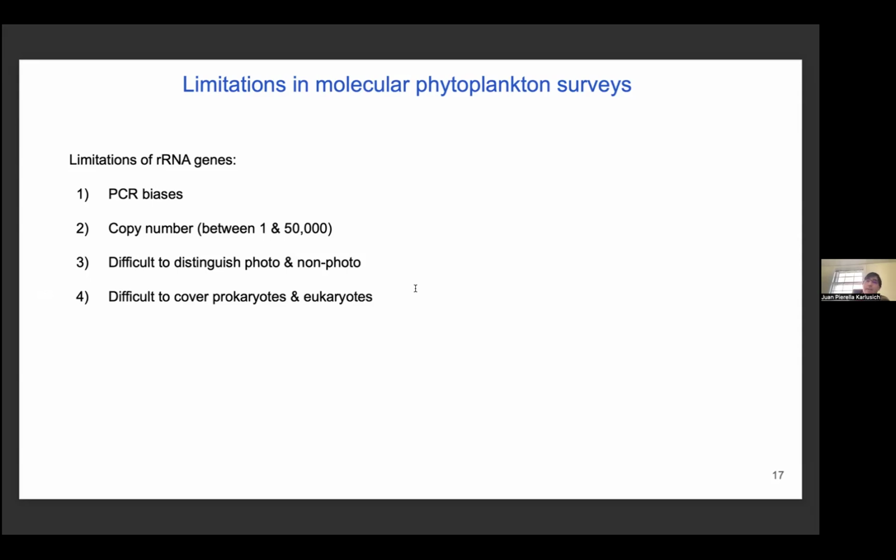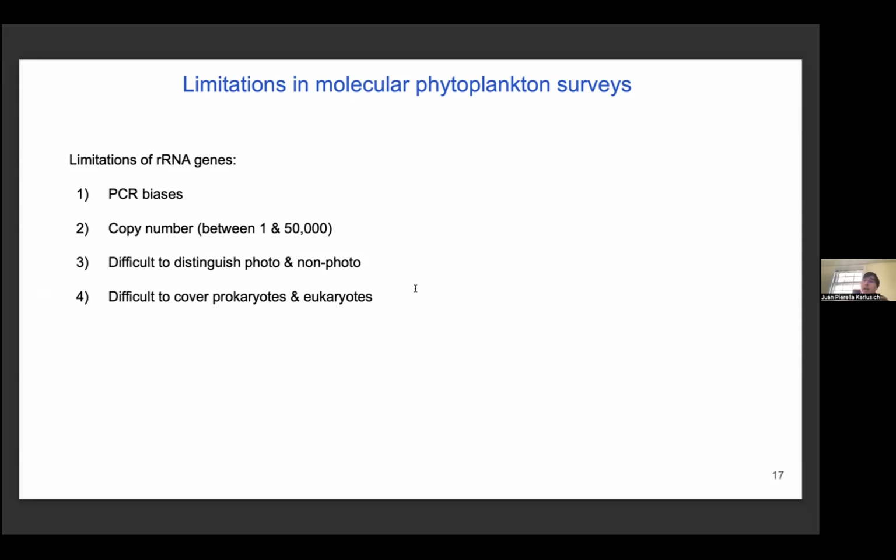To have an idea, some chlorophytes have only one copy of this gene, whereas many dinoflagellates have dozens of thousands and thousands of copies.